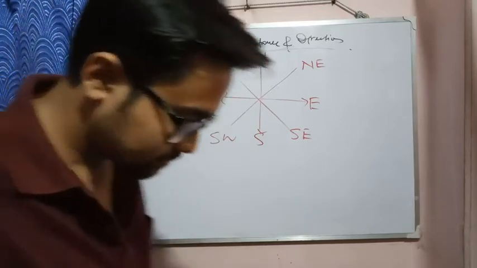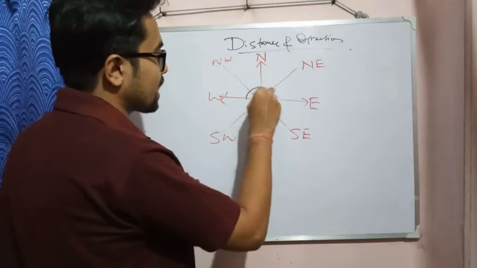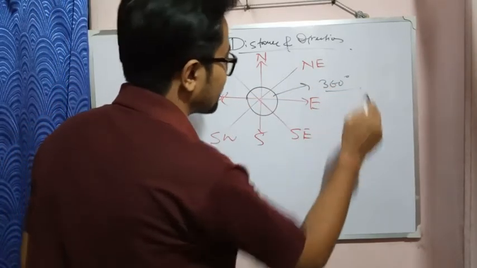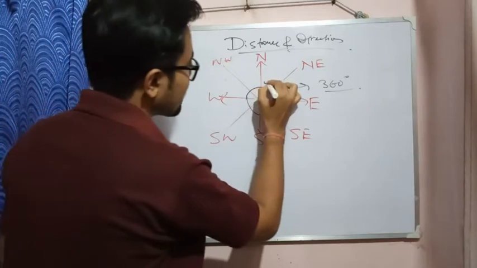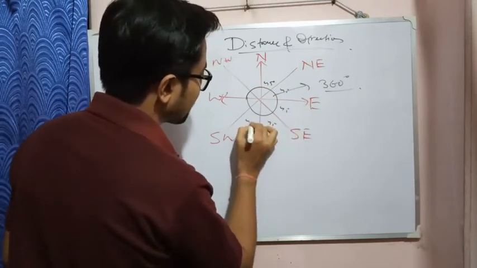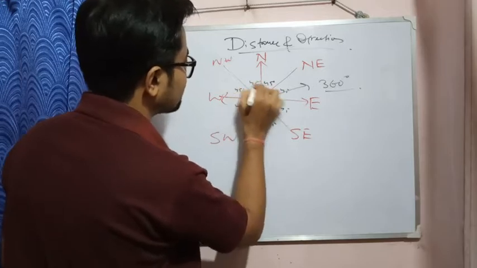Is it clear? And we all know that the total angle of this is 360 degrees. That means each angle is 45. Clear?